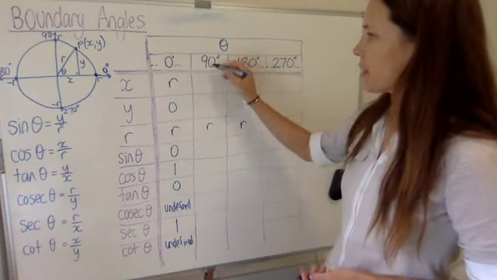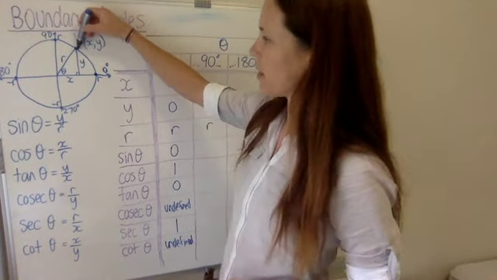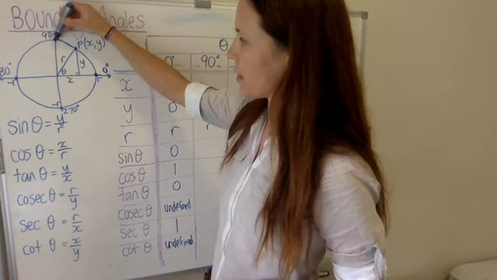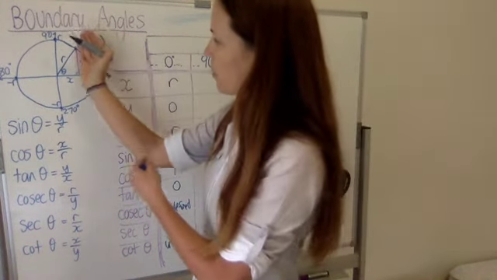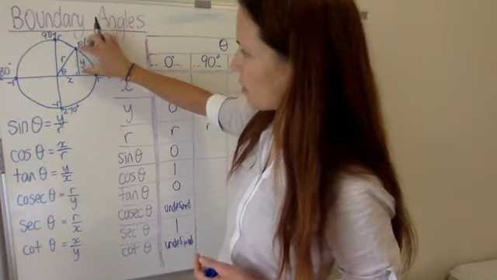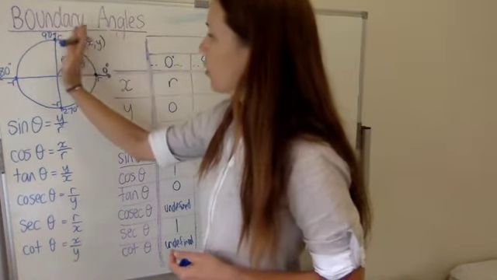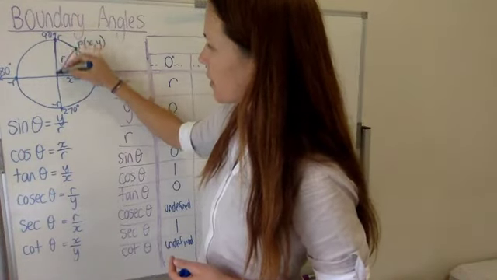All right, to look at 90 degrees, let's imagine that point P now has moved up. It's slid its way along here until it's sitting right here. Now, as it slides up, the triangle is going to change, isn't it? And y is going to get bigger and bigger and bigger until eventually y is the same size as r.